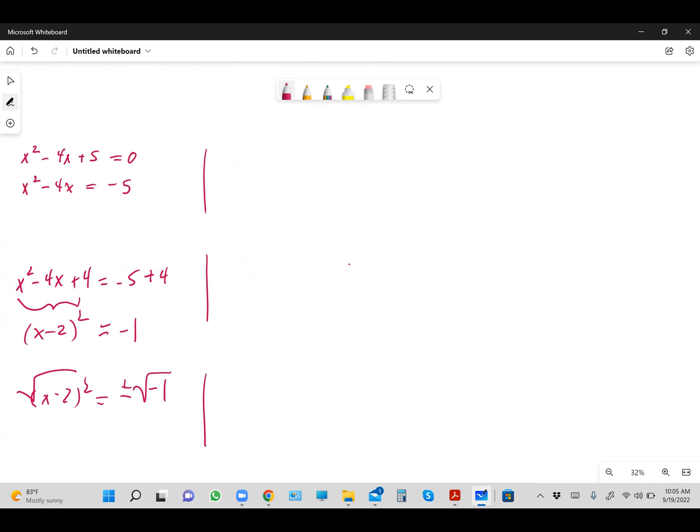We're going to go 2x squared minus 6x equals 15. It should work. Now, we're going to complete the square. This one makes it a little bit more difficult.